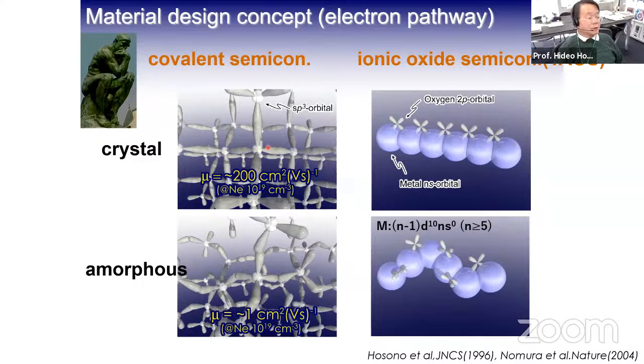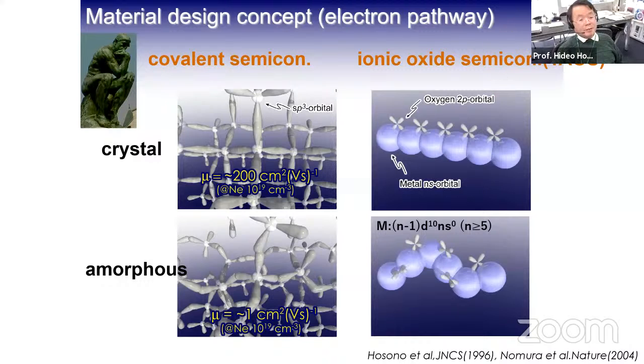This is also true for gallium arsenide or gallium nitride. I think people believe that the amorphous semiconductor is very easy to fabricate, but the electron transport property is always degraded. The materials people focused on so far were limited to the covalent semiconductor. We focus on the oxide semiconductor.